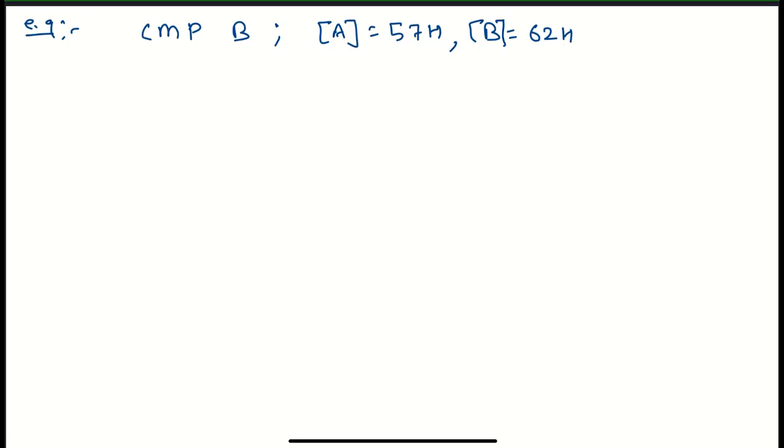So this is the data before execution of this instruction. How is it going to perform? It is going to perform A minus B. So how to do this?